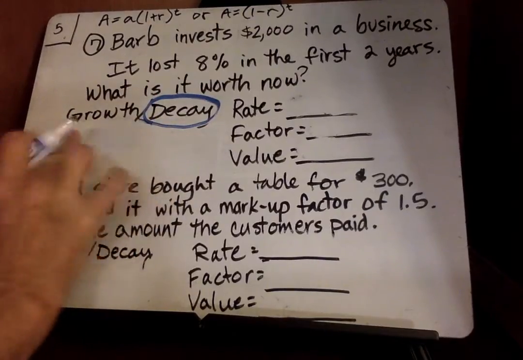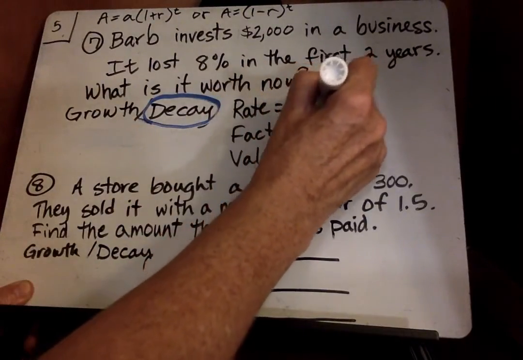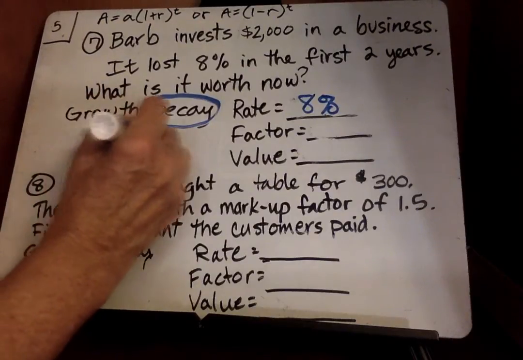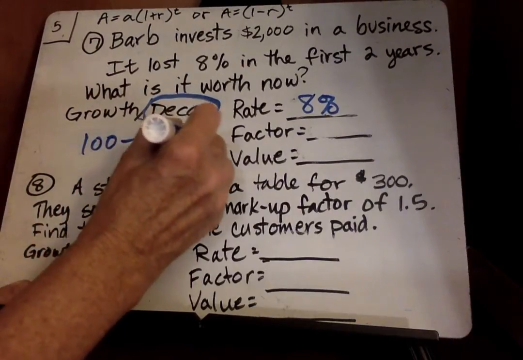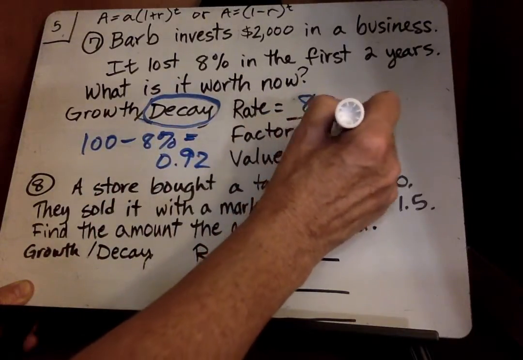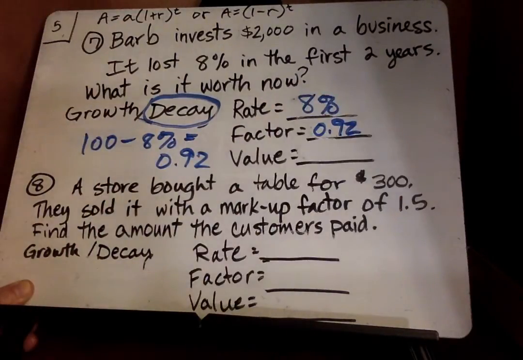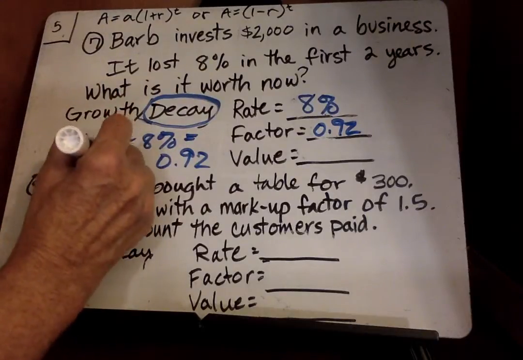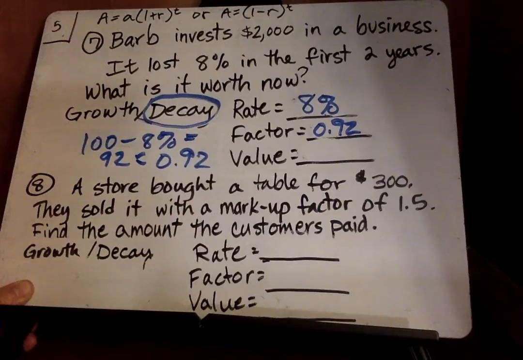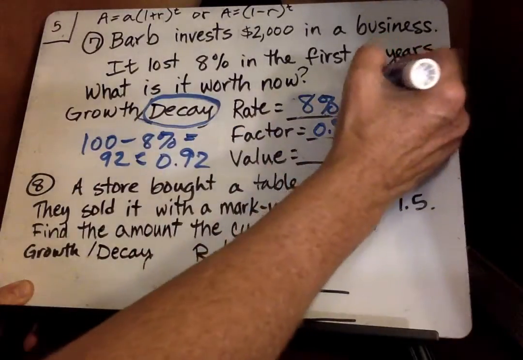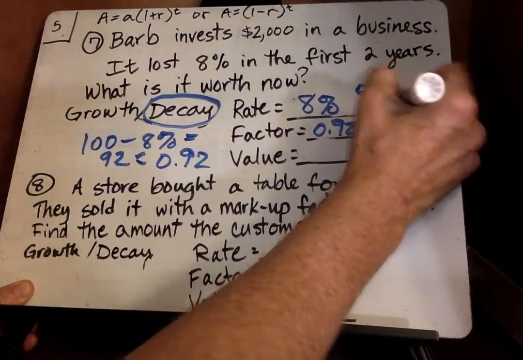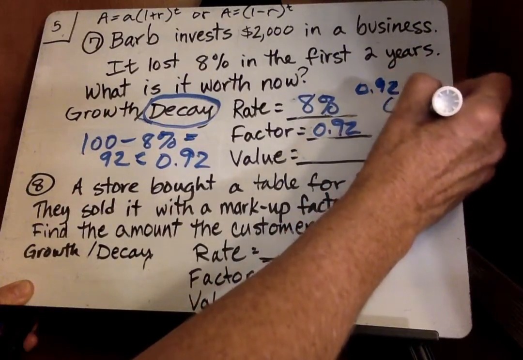Actually, our rate is 8%. The factor is 100 minus 8% equals 0.92. So our factor is 0.92. Okay? Because it's 92, and then we have to move it 2 places to the left, and we get 0.92. The value is 0.92 times the original amount, which was $2,000.